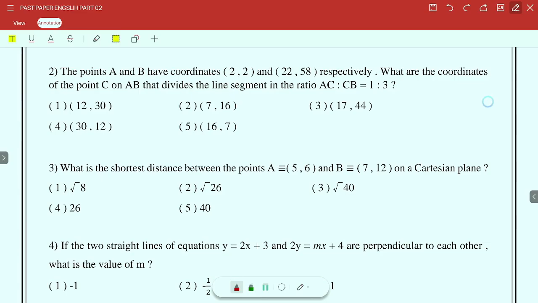The points A and B have coordinates 2 and 22, 58 respectively. What are the coordinates of the point C on AB that divides the line segment in the ratio AC to CB of 1:3? So you have to draw it. You tell me the values.